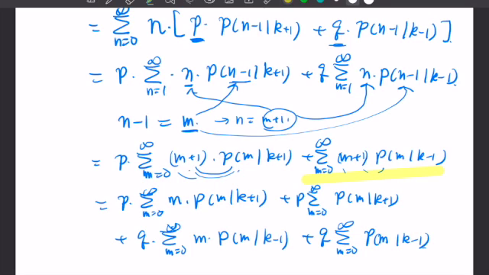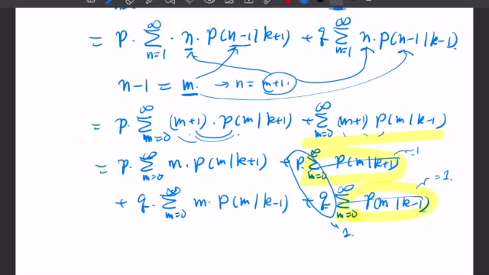However, as we have noted before, this part and this part are both equal to 1. So we just replace with 1, so we have p plus q here. But p plus q is 1, so together this is equal to 1.